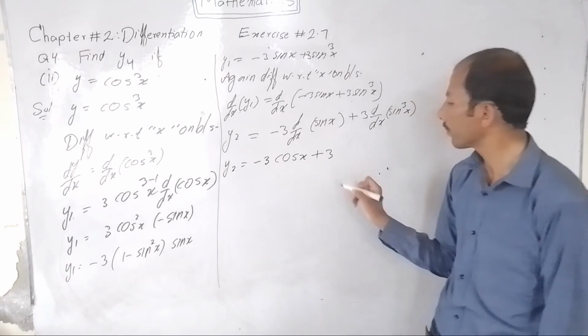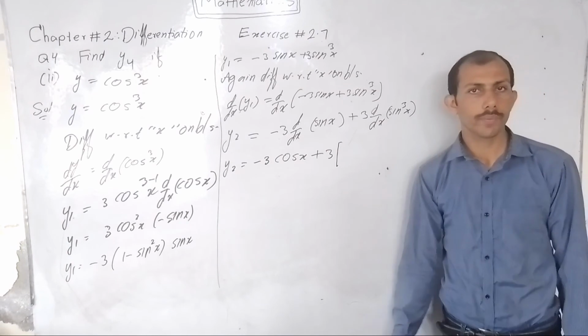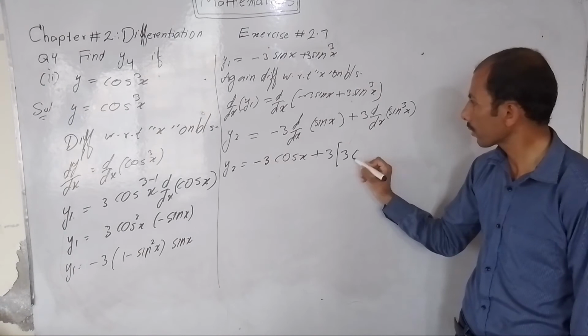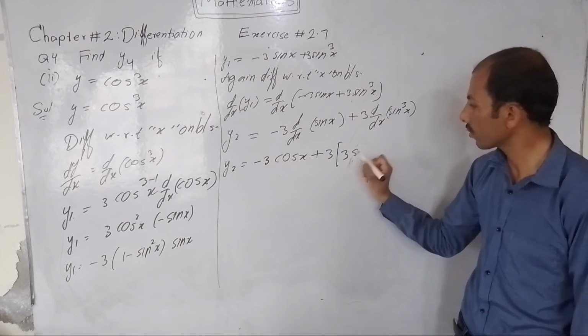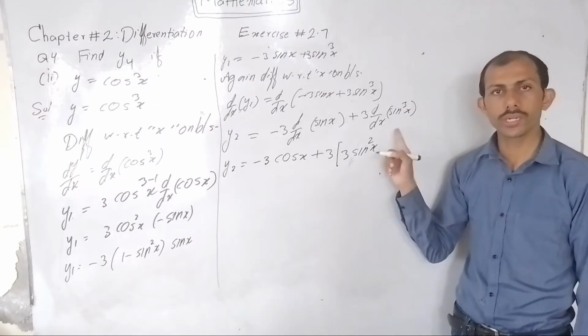plus 3. This is the power rule. We will apply the power first: 3 sin to the power 3 minus 1, sin square x, and again the derivative of the function sin x.